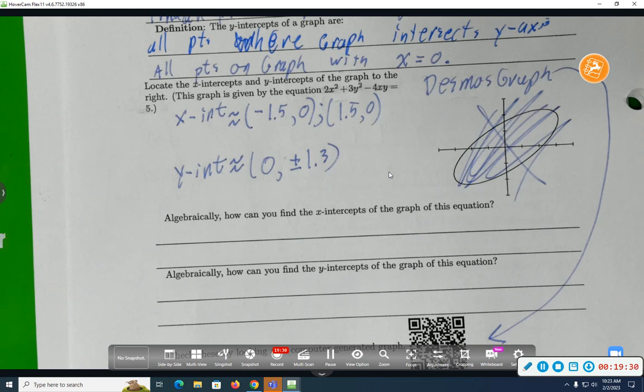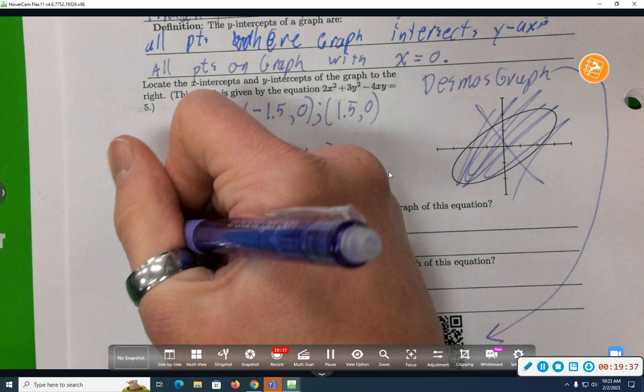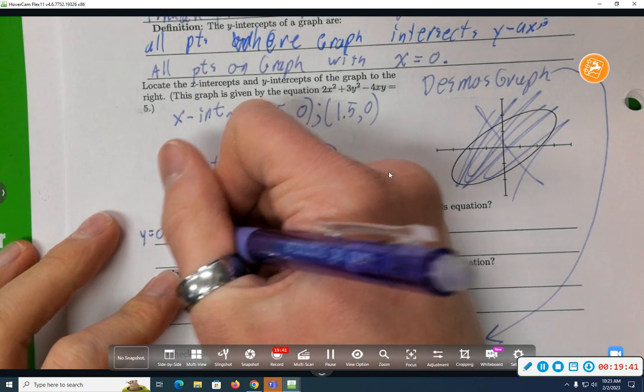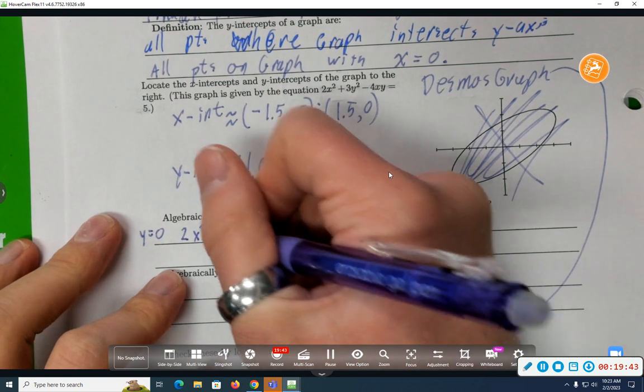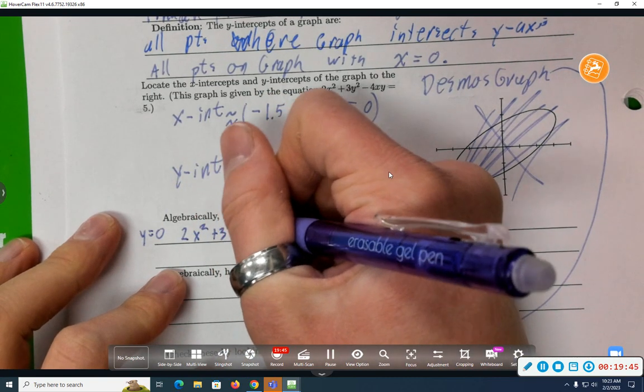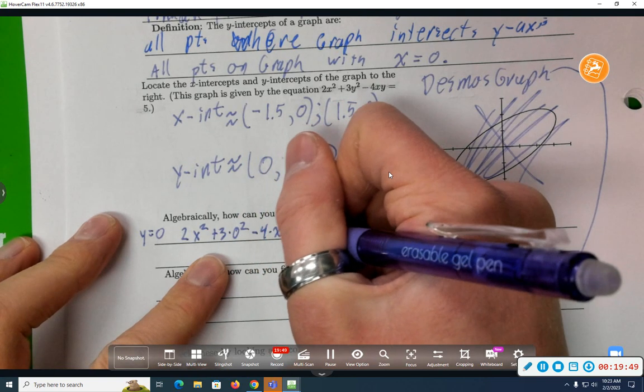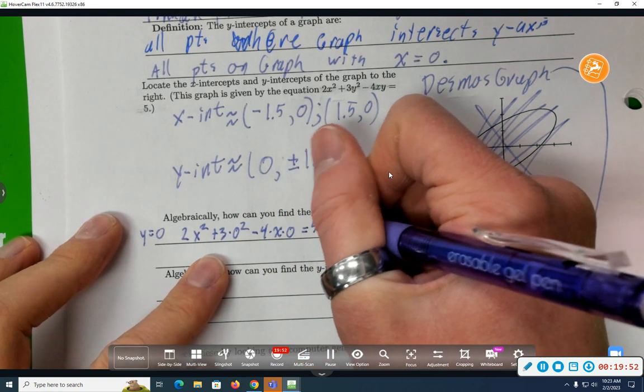So if you want to find the x-intercepts, that means you're interested in when y equals 0. So let's plug in y equals 0 and see what we get. The equation will become 2x squared plus 3 times 0 squared minus 4 times x times 0 equals 5.